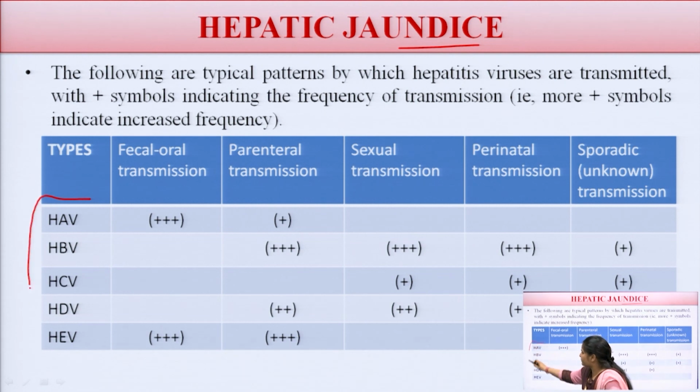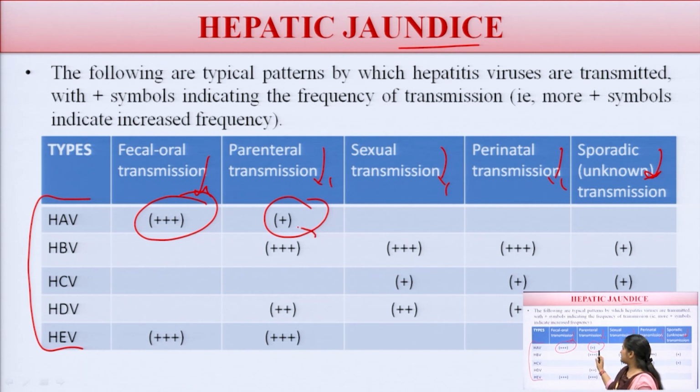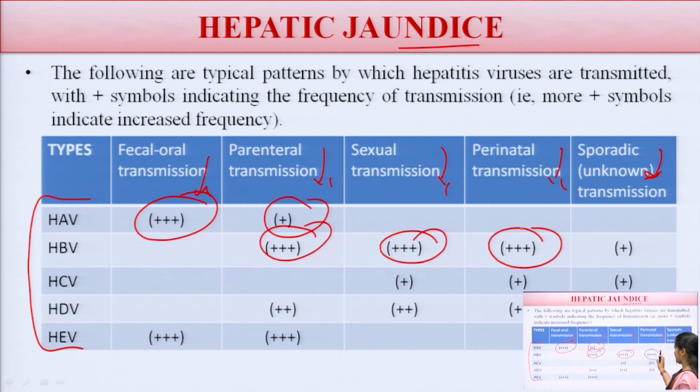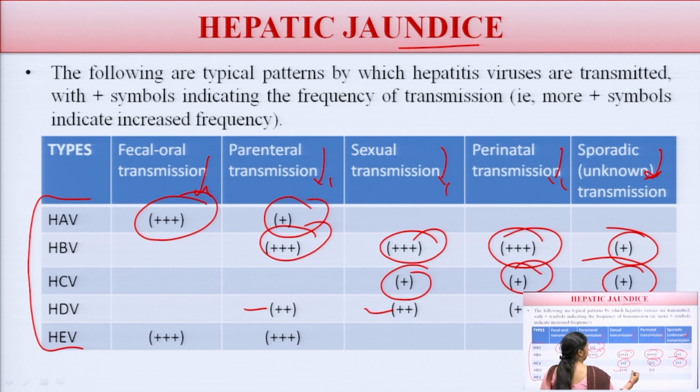There are different types of viruses, each with a mode of transmission. Hepatitis A is transmitted by the fecal-oral route, and hepatitis B is transmitted parenterally, sexually, perinatally, or by unknown transmission. Next is hepatitis C, which is transmitted sexually, perinatally, or by unknown transmission, and then HDV, which is transmitted perinatally and sexually.